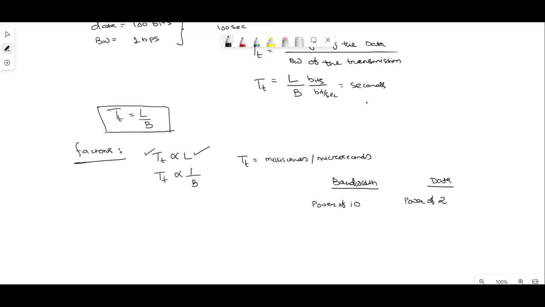So when we talk about 1 kbps, it means 10 to the power 3 bits per second. But for data, if I think about 1 kB of data, it means 2 to the power 10, meaning 1024 bytes.